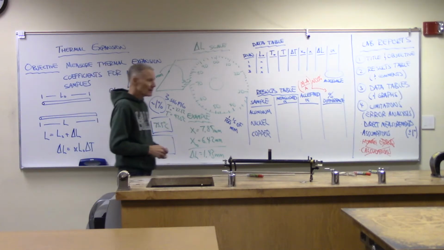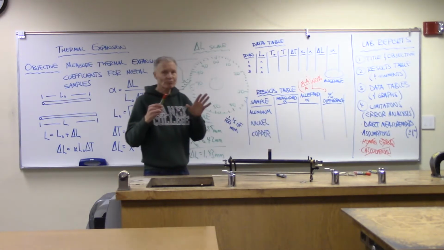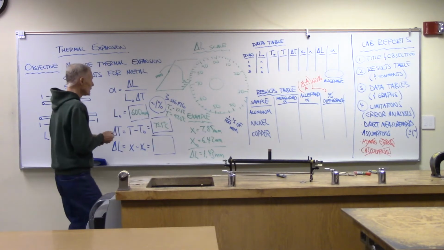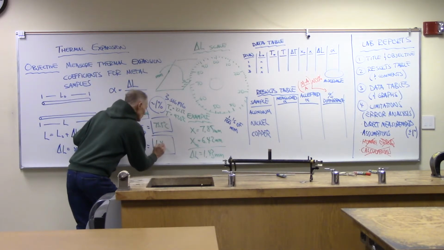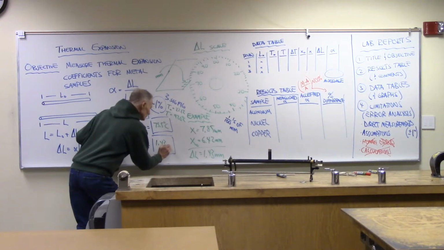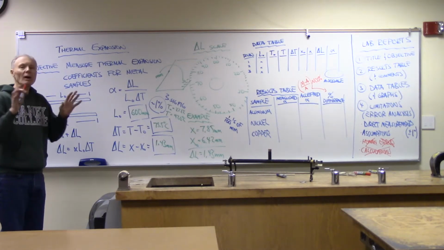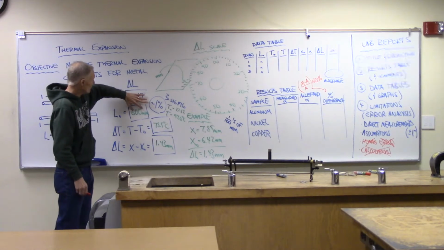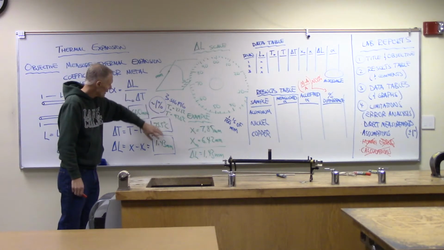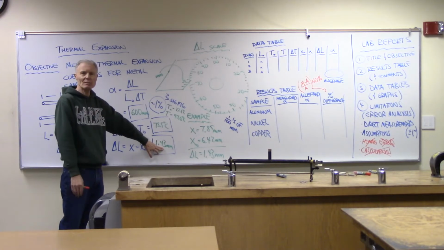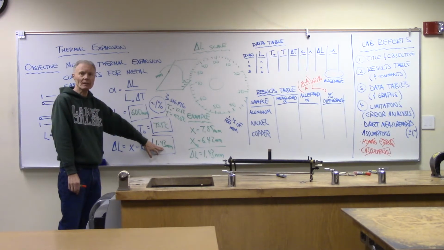So the idea is to do everything we can to maintain those three digits of precision everywhere. What happens if this is measured very reliably, this is measured very reliably, but this has lots of error in it?